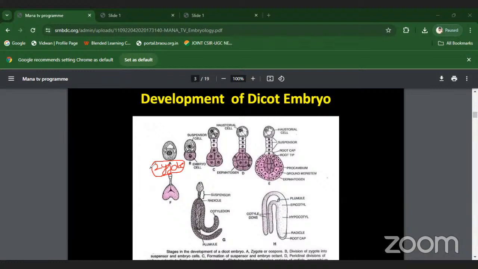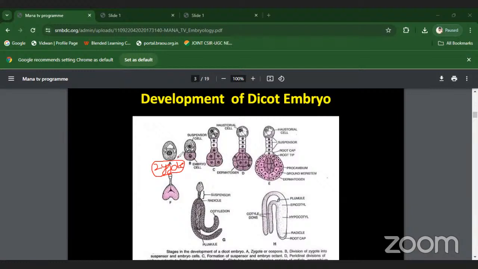The zygote divides transversely to form a two-celled stage. The first cell, which faces the chalaza side, is known as the apical cell (CA), and the second cell faces toward the micropyle side, that is called CB.